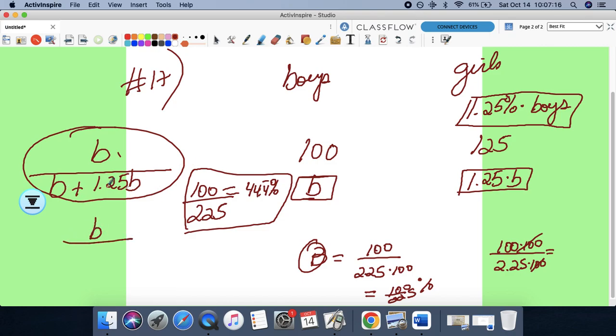It's B, and if I can combine like terms here, it becomes 2.25B, and I see what they did, and then times 100%, right? So the correct answer is D. Oh my god. So let me start this again.